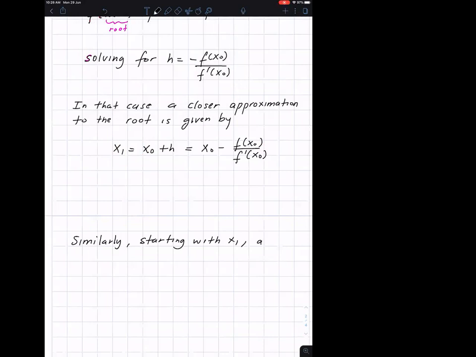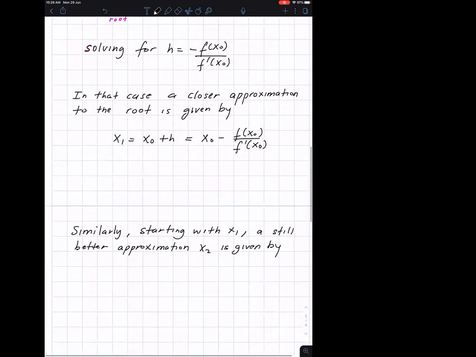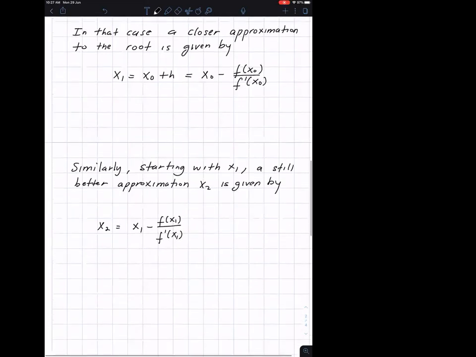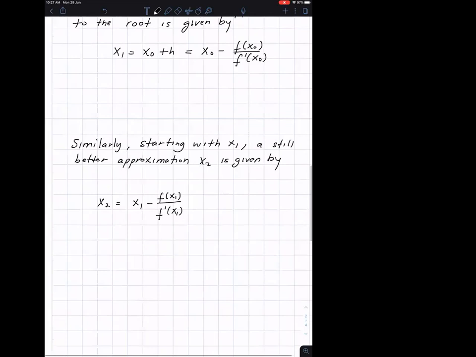A still better approximation, x2, is given by x1 minus f(x1) over f'(x1), and so similarly x3 can be found with x2.